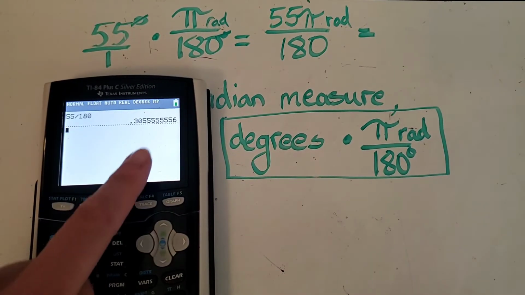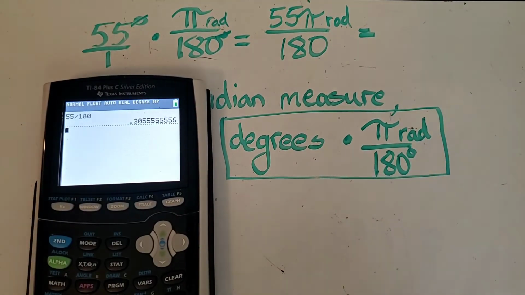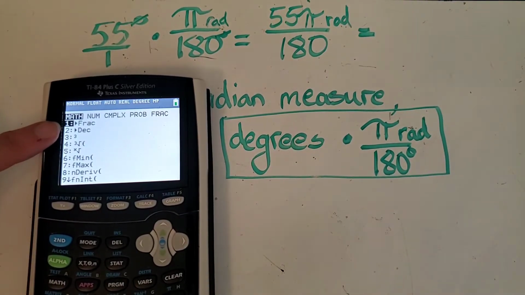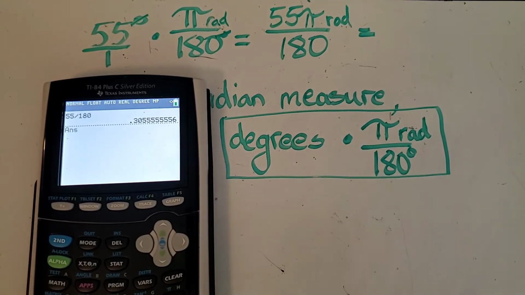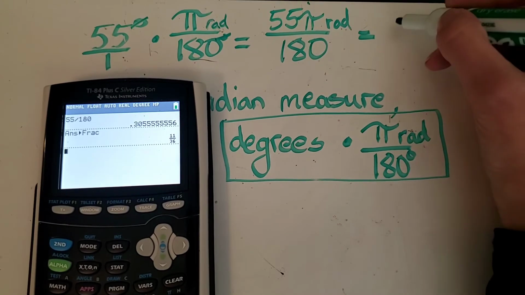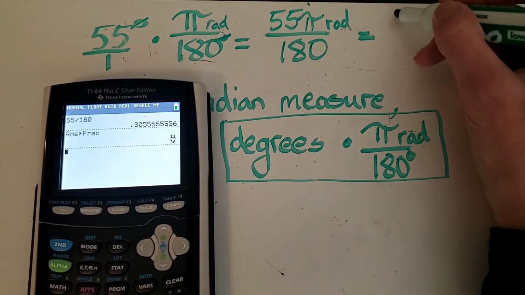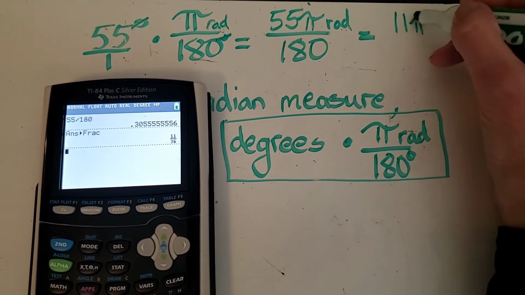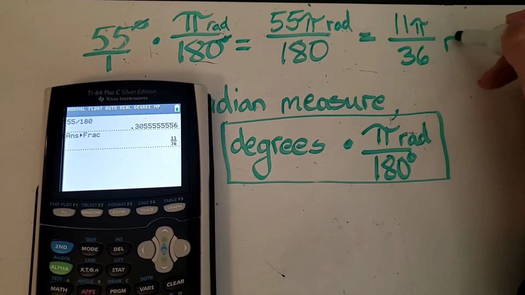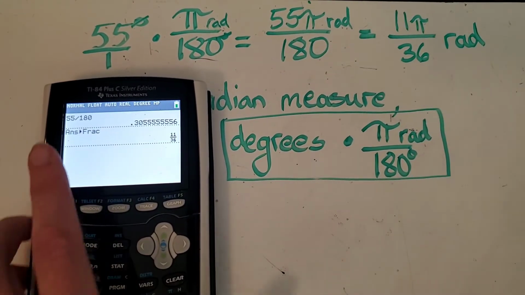And I could do this decimal here, but that's not very helpful. I like a fraction. So if you press the math button and then that first option is frac, change that into a fraction. It will reduce that fraction for you. We want pi in our answer. So this reduces to 11 pi over 36 radians.